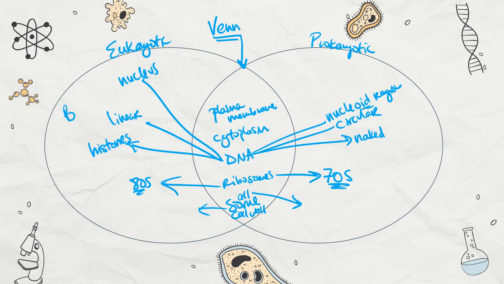Eukaryotic cells tend to be bigger because they've got so much more stuff in them. They have those membrane bound organelles like endoplasmic reticulum, Golgi apparatus, vacuoles. Whoa, if I could spell, vacuoles.